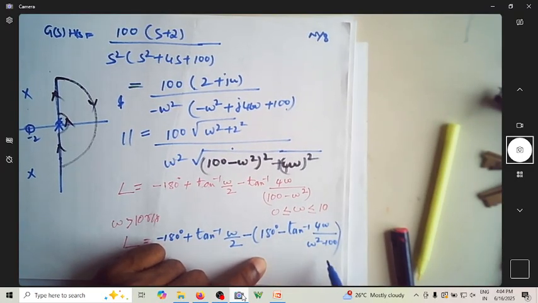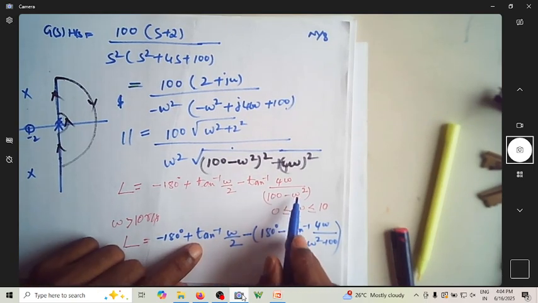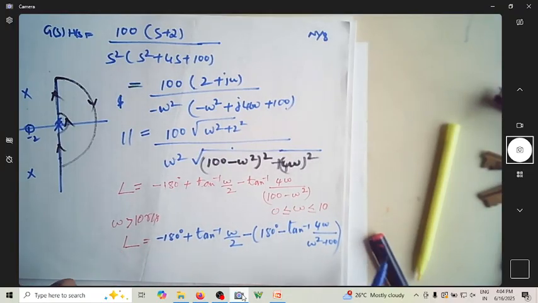So this is the change. Here it was 100 minus omega square, now it will become omega square minus 100.